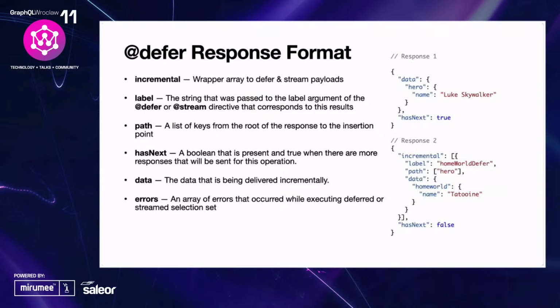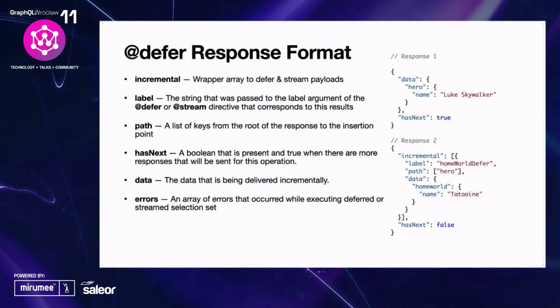So to look more closely at the responses, there's the new incremental property. That's a new top-level field on GraphQL responses. And all data that's associated with defer and stream is going to be returned inside of that array. And you can see the deferred data is included in the incremental array in the second response.